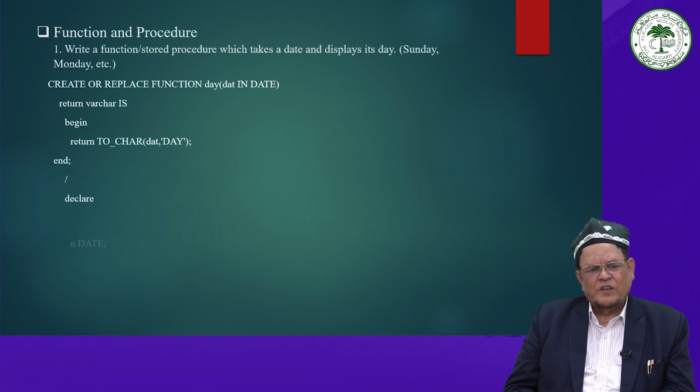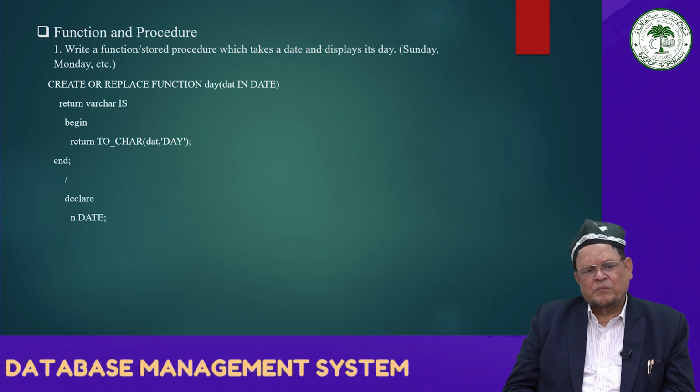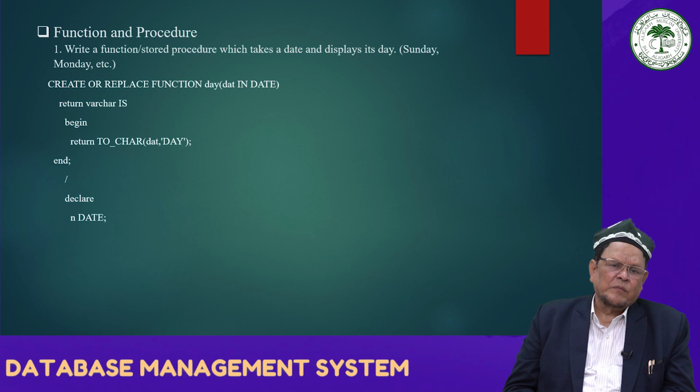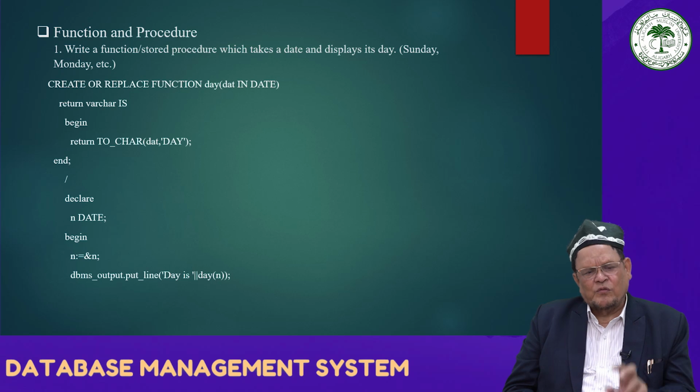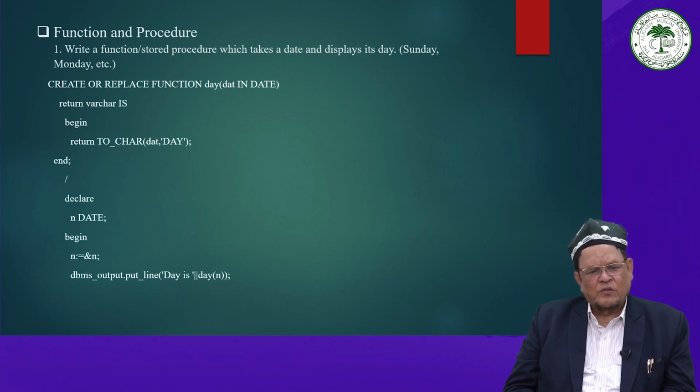You can type on your computer like on the screen. Begin, n number you have to store, then you have to write the output DBMS underscore output dot put underscore line, day is concatenated day n.